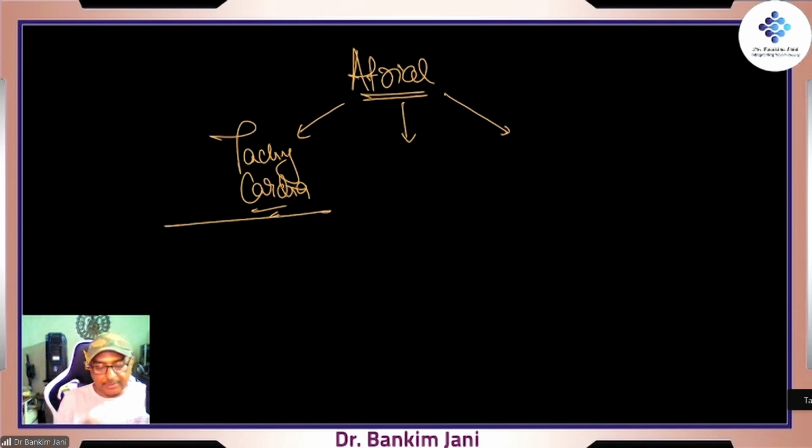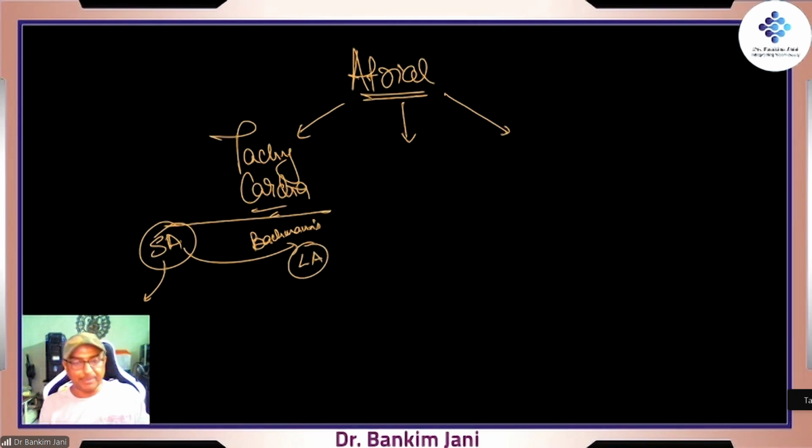Why should this occur? The SA node is supplying direct lines to the atria. Bachmann's bundle is a VIP line, so the left atrium should get the signal without any problem. Here also it is a direct line. So the right atrium and left atrium should both work fine.